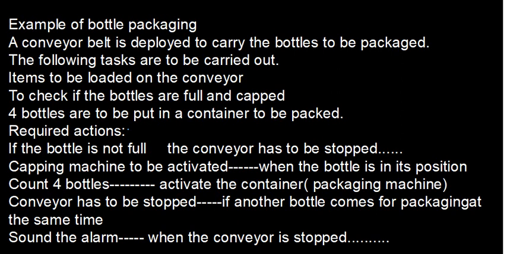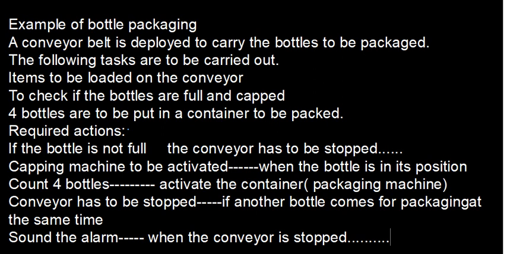Now you can compare this example with what we have seen previously, as far as bottle packaging is concerned. There we had used a deflecting mechanism to identify a faulty bottle or something like that. That was the only task required there. But here, this particular task has so many actions, right?